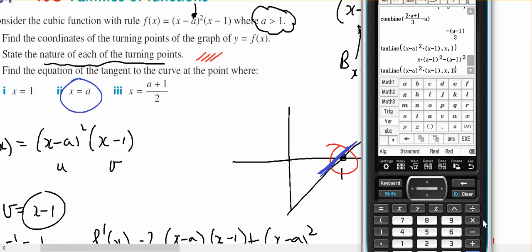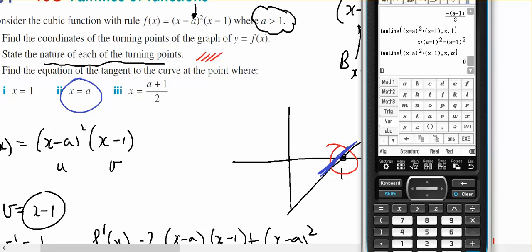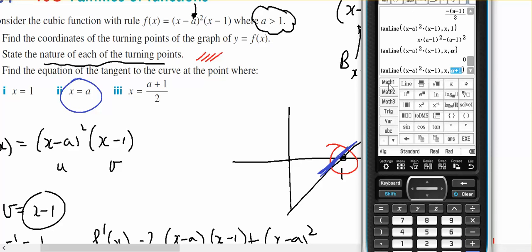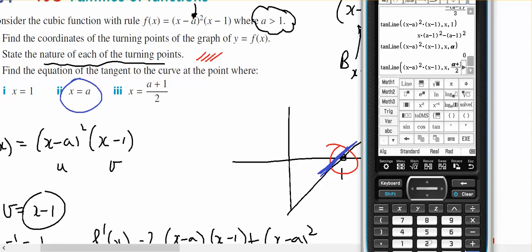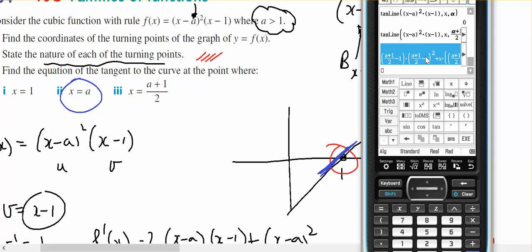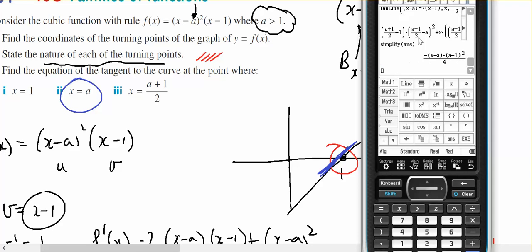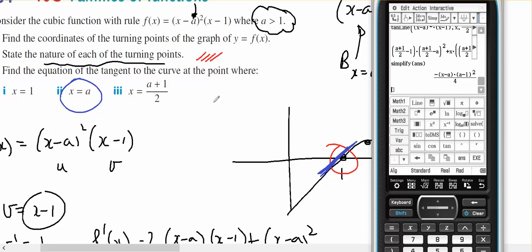At a, that gives me the equation y equals 0, and at (a plus 1) divided by 2, that gives me that equation that I might try and simplify. That can. So, as you can see, I can write all those lines out with a y equals at the front.